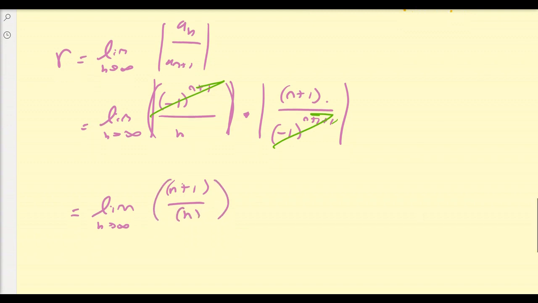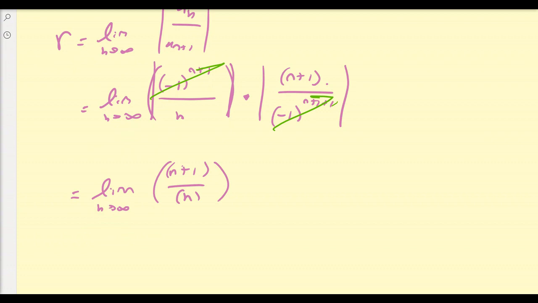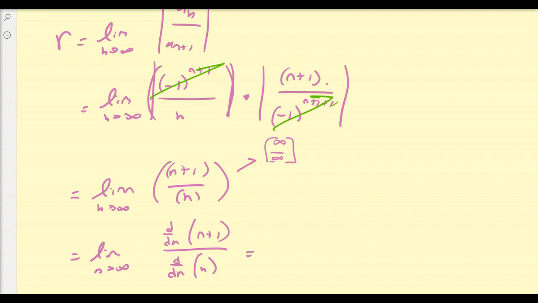Okay, great. So as n goes to infinity, what does this ratio go to? So this goes to at least infinity over infinity if we just look at the piece by piece terms. So we can use L'Hopital's rule to quickly verify this, or you can use your rational limit theorem. But in either case, this is going to be equal to the limit as n goes to infinity of the derivative with respect to n of n plus 1 over the derivative with respect to n of n, which is equal to the limit as n approaches infinity of 1 divided by 1, which is going to be equal to 1.